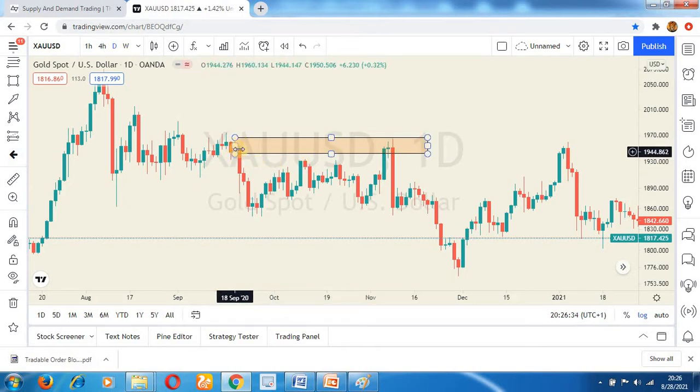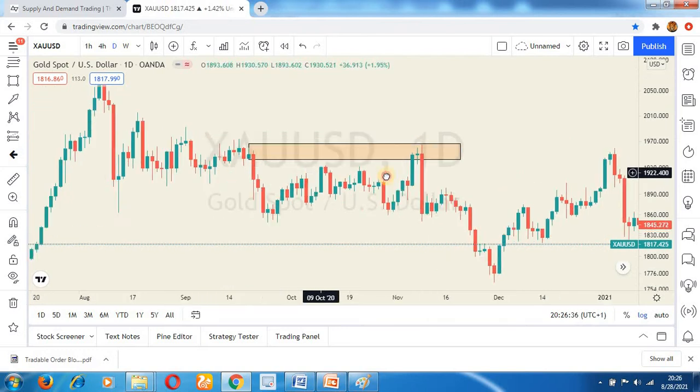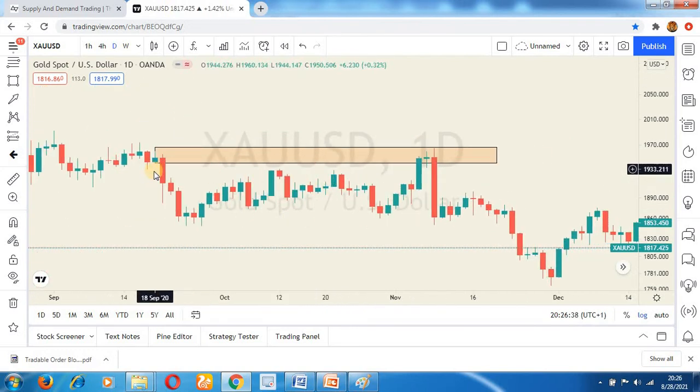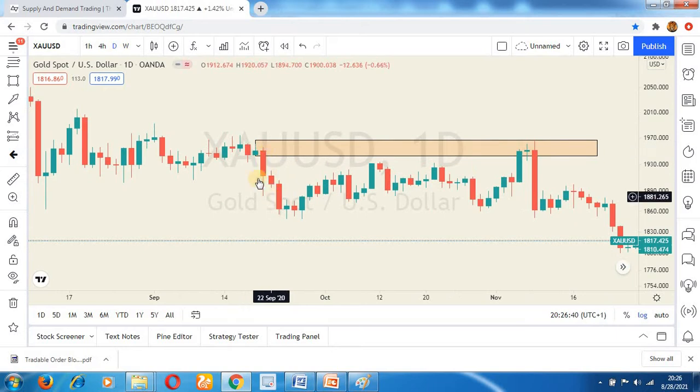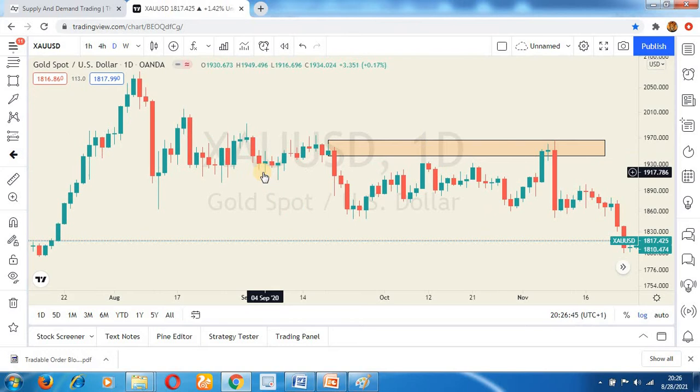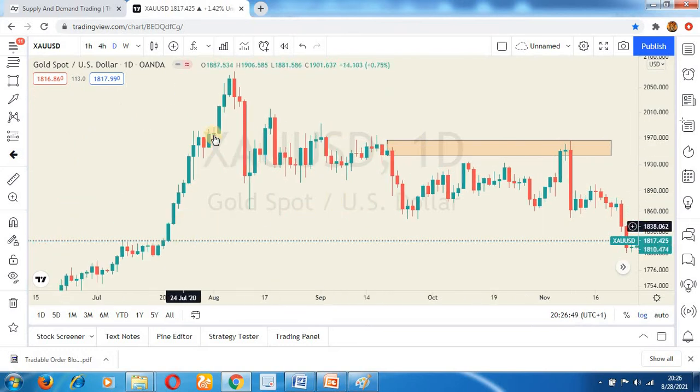Now once you have gotten this, bear in mind what I'm talking about is this green candle before the red fall. So you are talking about the last up move before the down move. If it's an upward rally, you're talking about the last down move before the upward move.